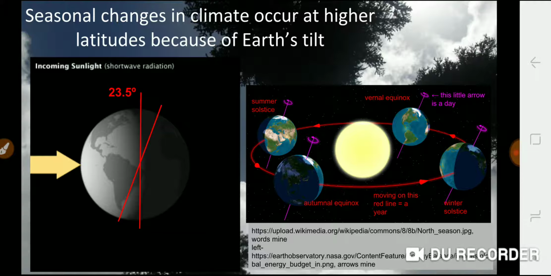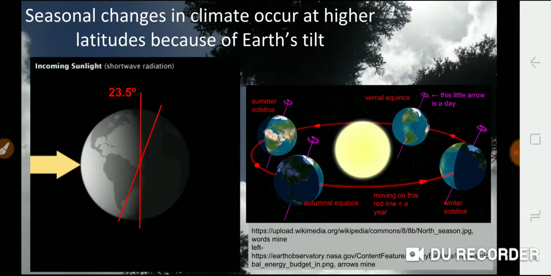And then every day the Earth is spinning on its axis. That's the pink little circle, and this is a day. So depending on where the axis is tilted as the Earth moves around the sun, this gives us seasons.